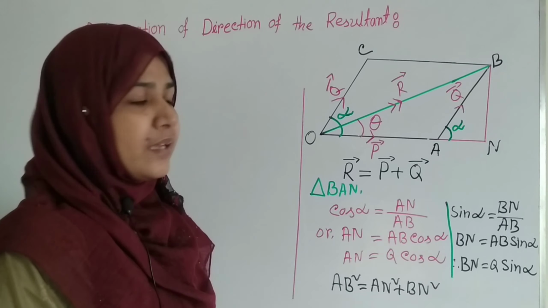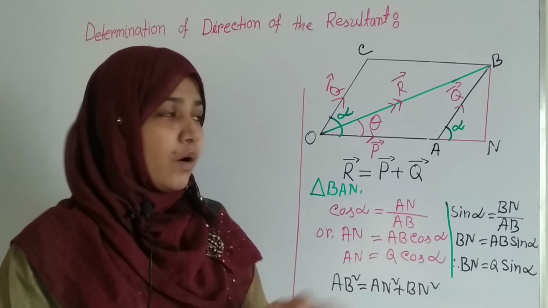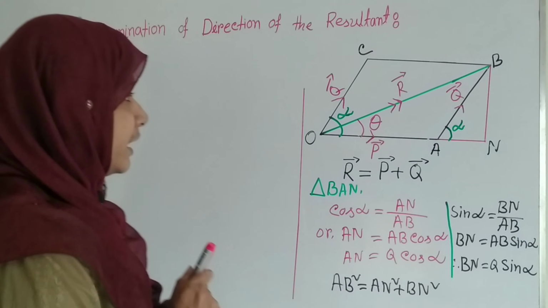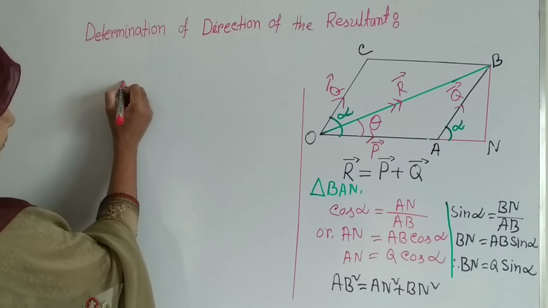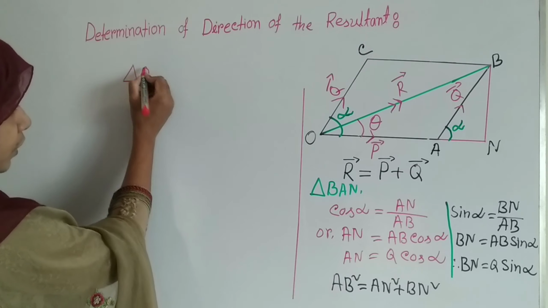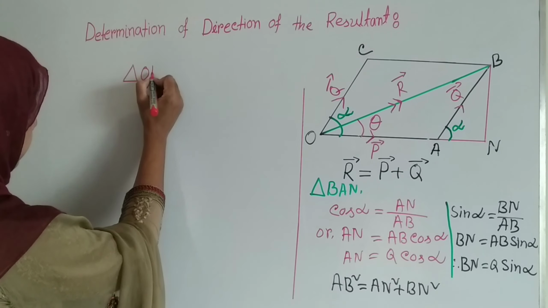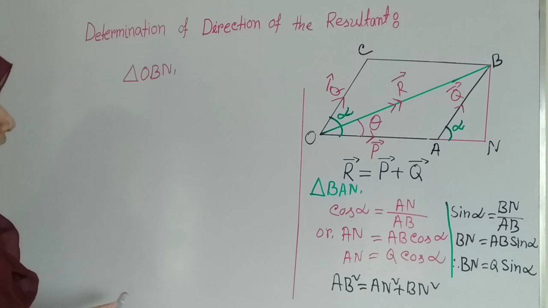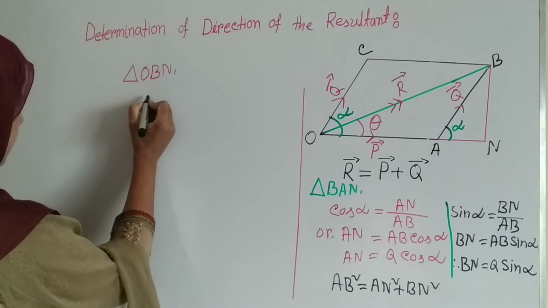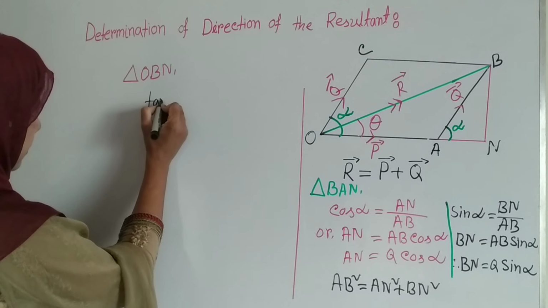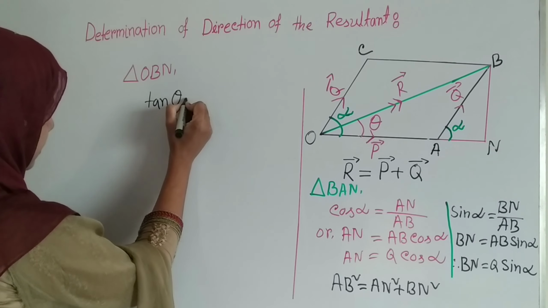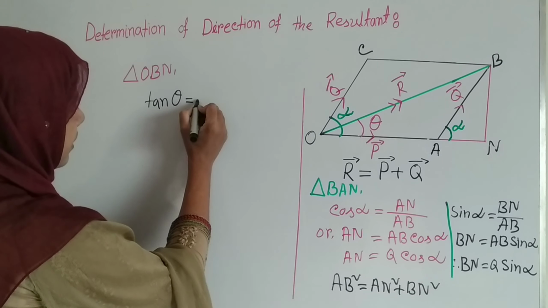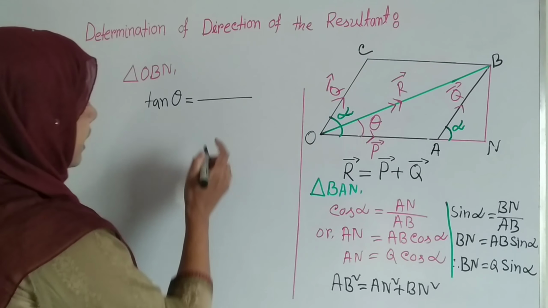Now if we apply the formula of tan theta on this triangle OBN, we can write that tan theta means perpendicular by base.